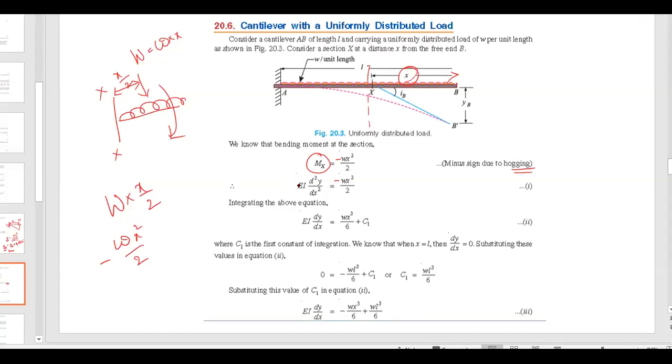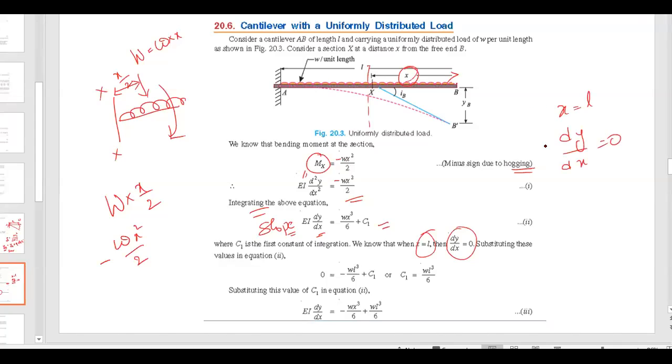And next, EI d square y by dx square is equal to minus w x square by 2. Now integrating both sides, we'll get a slope equation. EI dy by dx is equal to minus w x cube by 6 plus an integral constant C1. By applying the boundary conditions, that is x is equal to L, dy by dx is equal to 0.